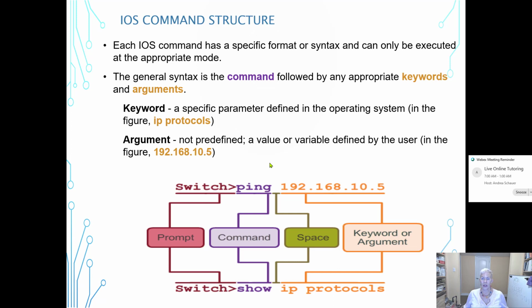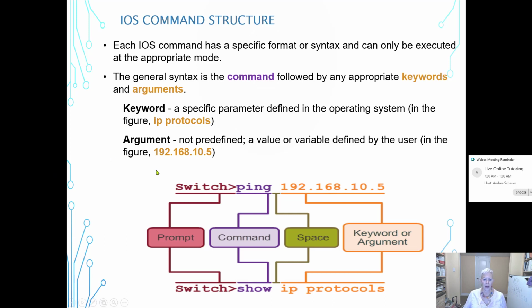If you enter a keyword, the IOS will recognize it and know what to do with it. An argument is something that is not predefined, so it might change. The keyword is predefined and the IOS will recognize it. An argument is when there's an option and I have control over it.